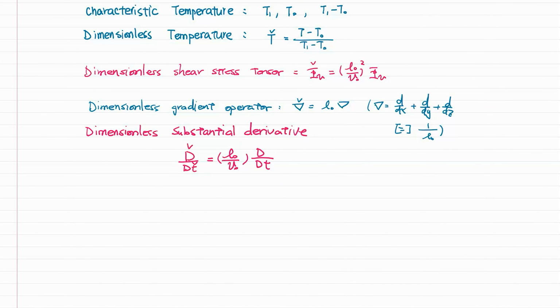Okay, so now let's see how we can make the equations of change into their dimensionless form. Basically, we just need to change all the terms to dimensionless.